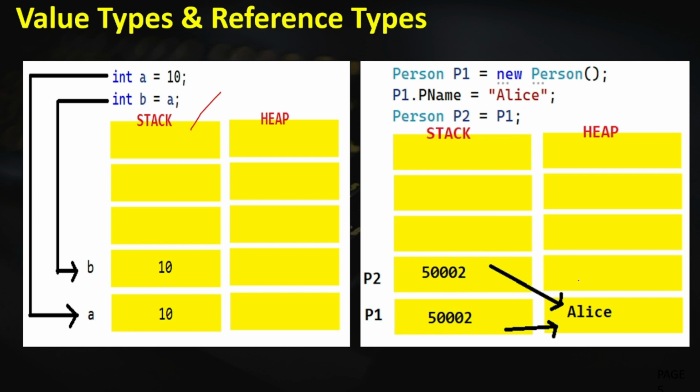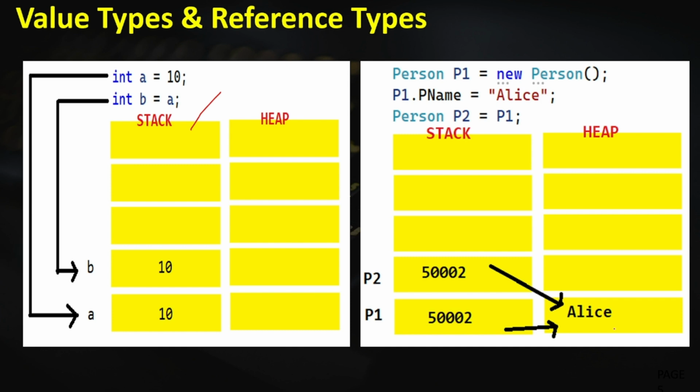So how can you imagine this in memory? p1 and p2 will be sitting in the stack, but they will only be holding the address, and the actual value will be sitting in the heap. So if you are creating a reference type, the actual value sits in the heap. And there are no two copies of the data. There is a single copy of data because they both contain the reference to the same data.